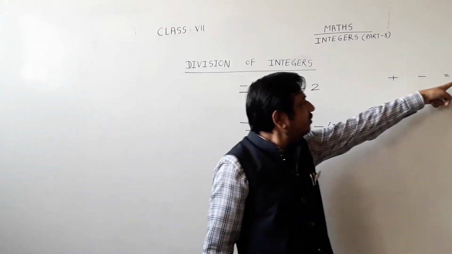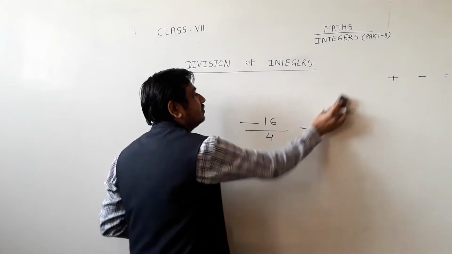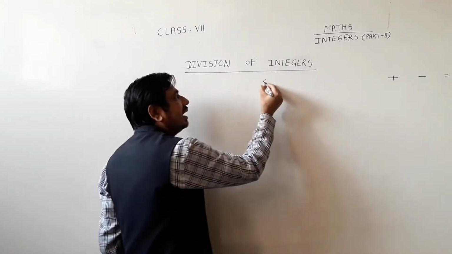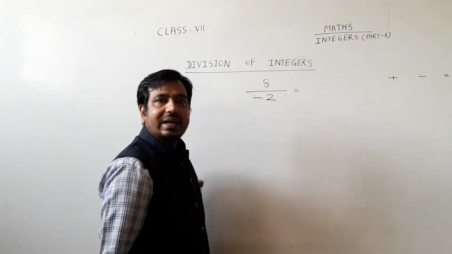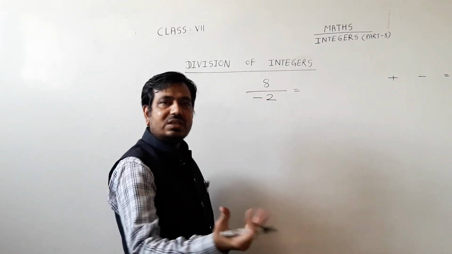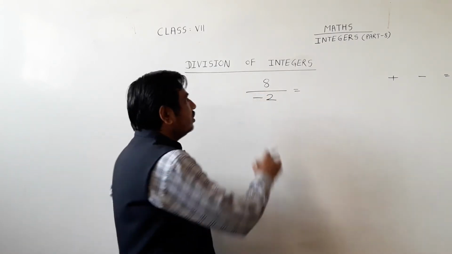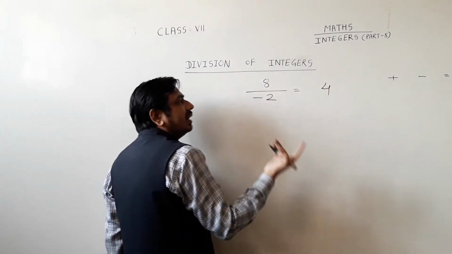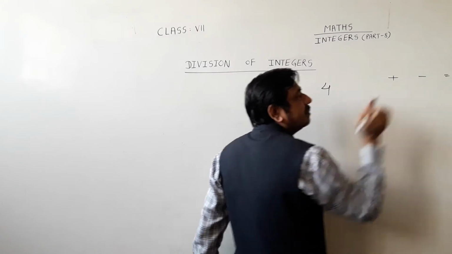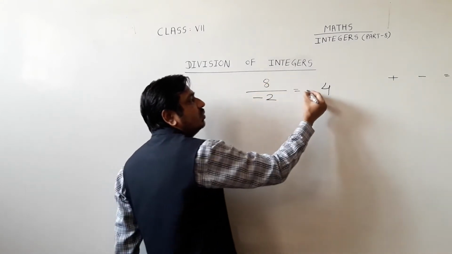Sign from here. Now class, if you divide 8 by minus 2, 8 is an integer, minus 2 is also an integer. So just divide 8 by 2, you get 4. Again class, plus minus, you get minus.